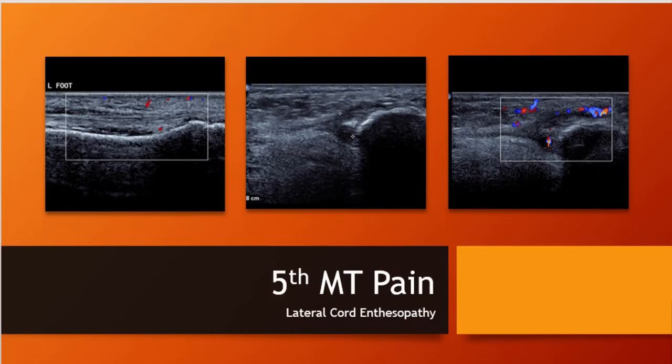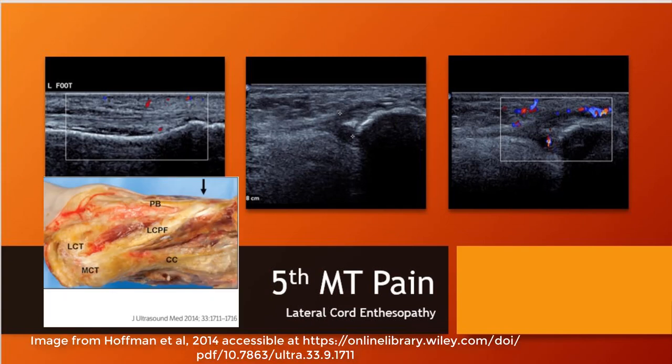So we'll move on to just some unusual pathologies. So at that lateral edge of the foot, with a more dorsal approach, we'll appreciate a peroneus brevis insertion, which is here. But then with a more lateral approach, the lateral cord of the plantar fascia can be seen inserting onto this tuberosity.